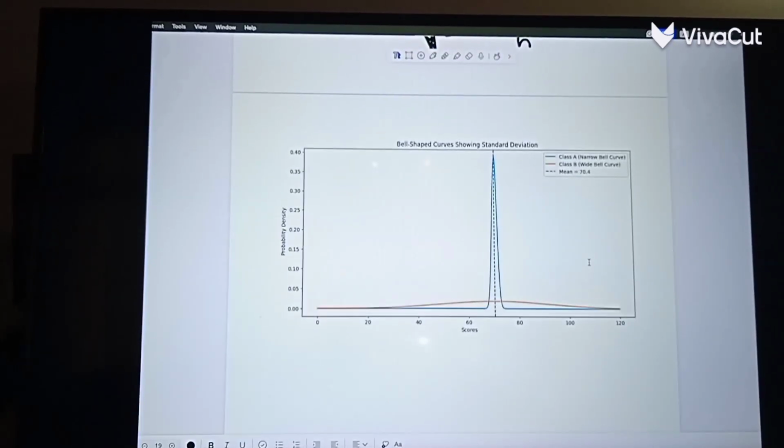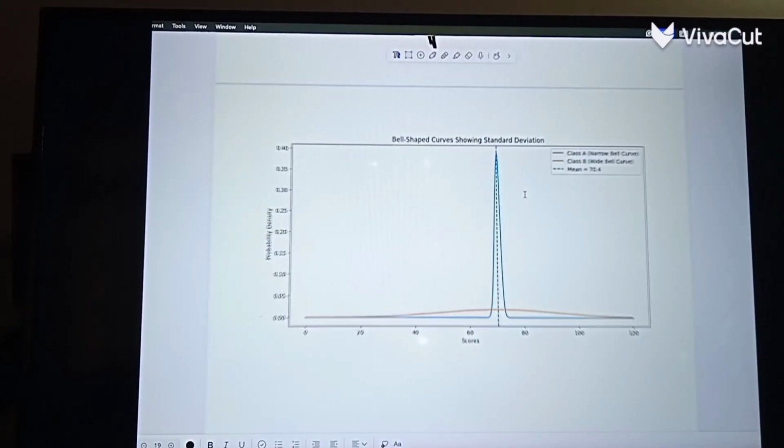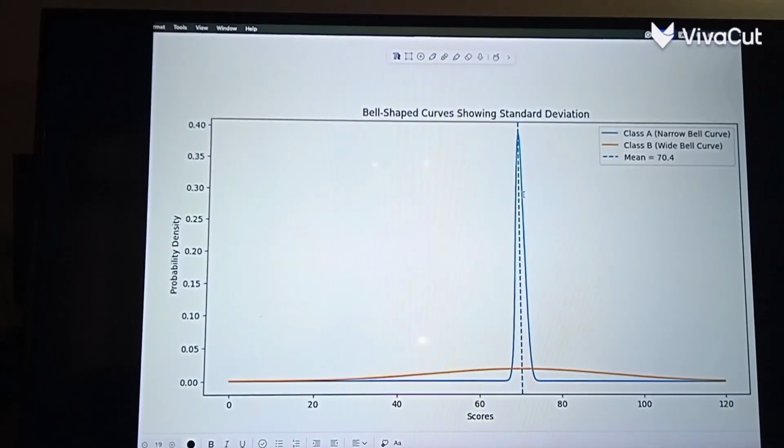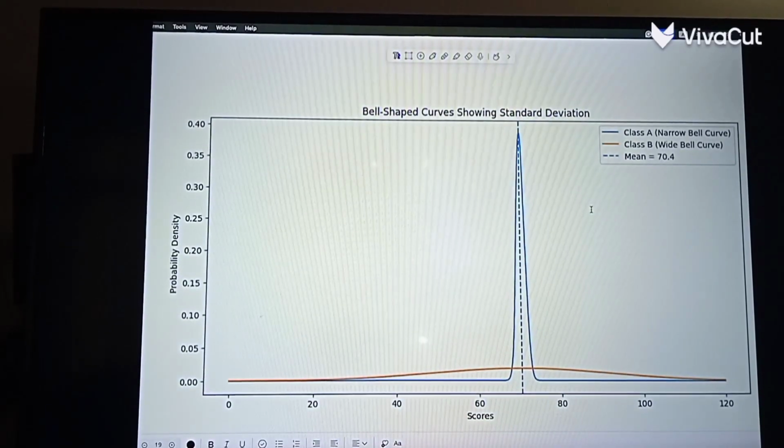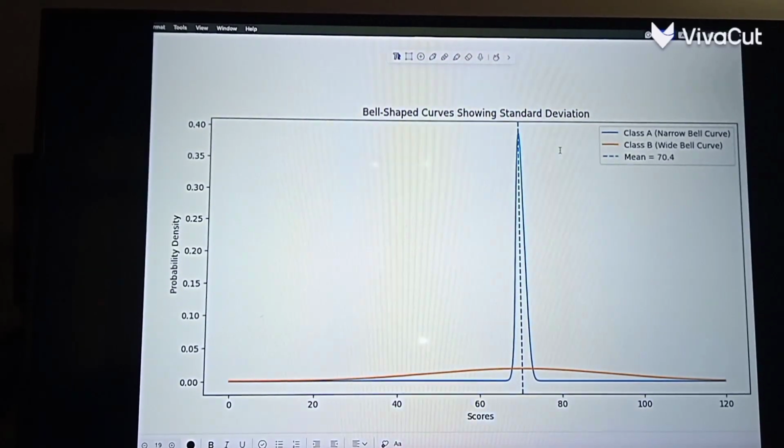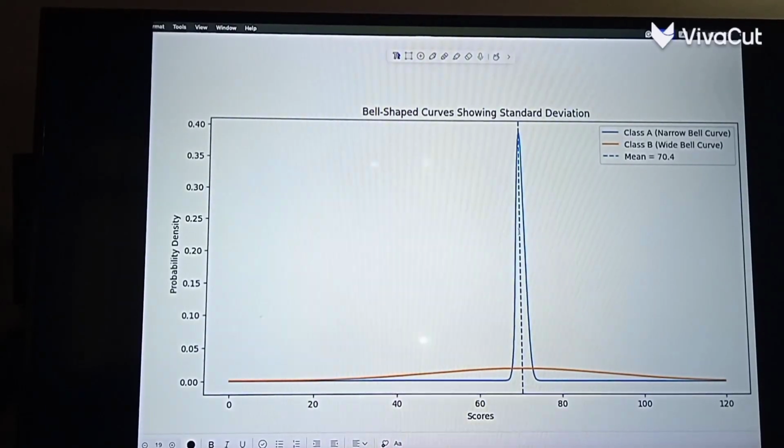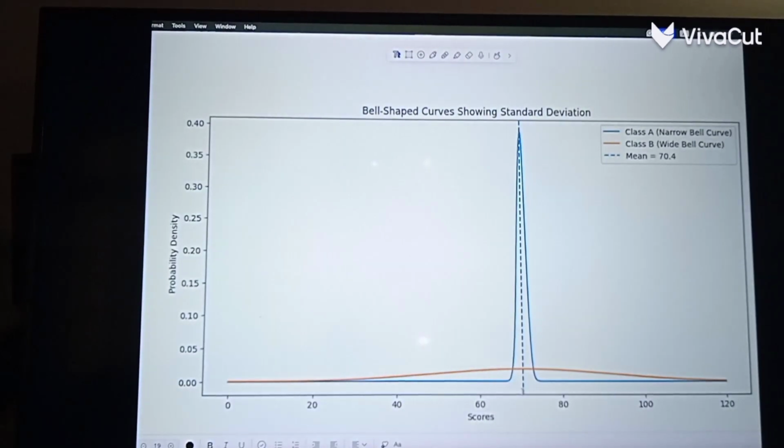If you see in the graph, the blue color is for class A, the orange color is for class B, and the mean is equal to 70.4, which is the middle dotted vertical line from top to bottom. So this is the mean, 70.4. This point is x bar.